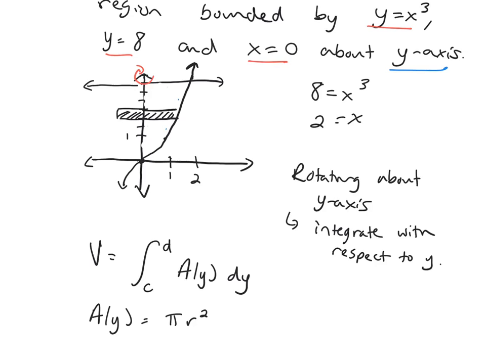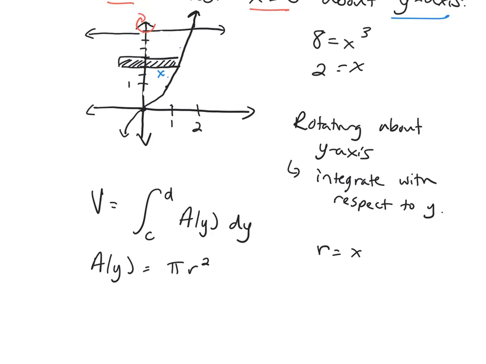Well, the radius, if you look, I go out horizontally, which means that's an x distance. Here, x. But it depends on this function, y equals x cubed. So it looks like r is going to be x, but I need to incorporate my function, which was y equals x cubed, into that.